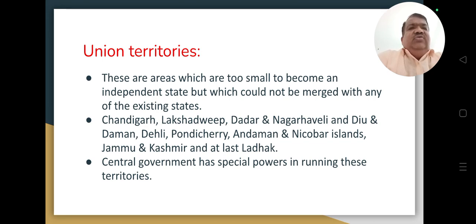Chandigarh, Lakshadweep, Dadra Nagar Haveli and Daman Diu, Delhi, Pondicherry, Andaman Nicobar Islands, Jammu Kashmir, and at last Ladakh are the eight such regions which are declared as union territories. Central government has special powers in running these territories.